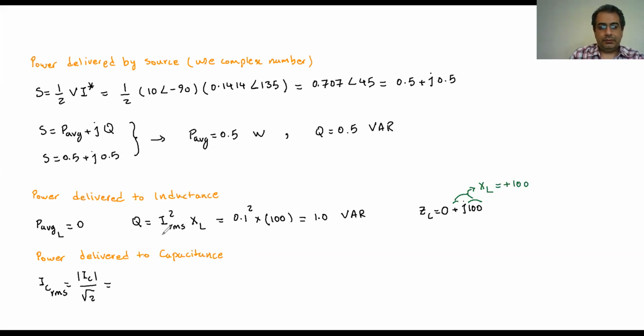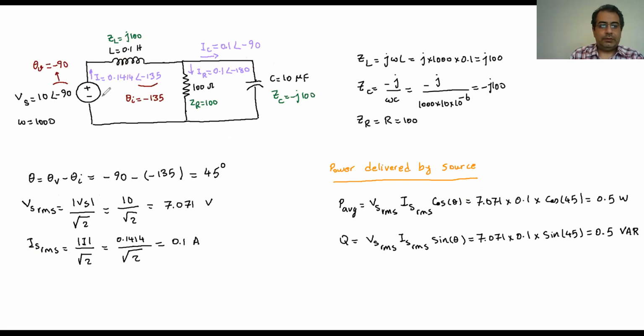So this one was the same, so I just write it here so you know that. We didn't recalculate it because it was the I that goes through the source. But here we have to calculate the IRMS, the one that goes through this.